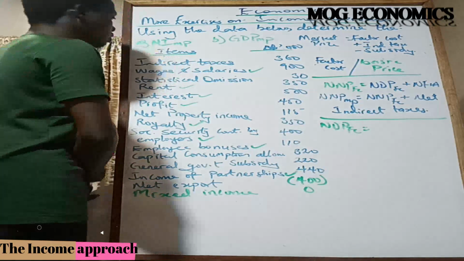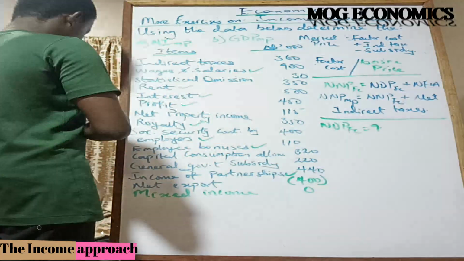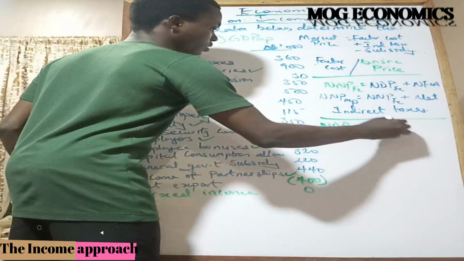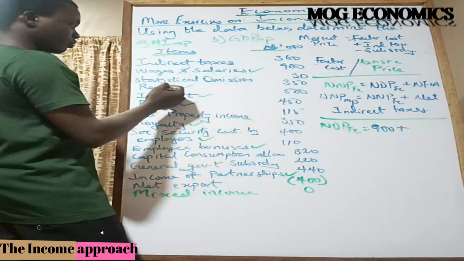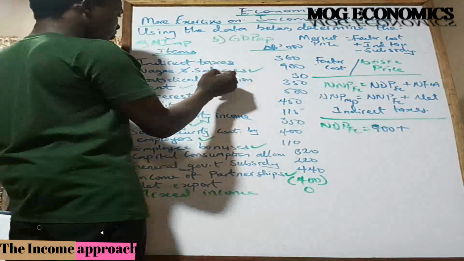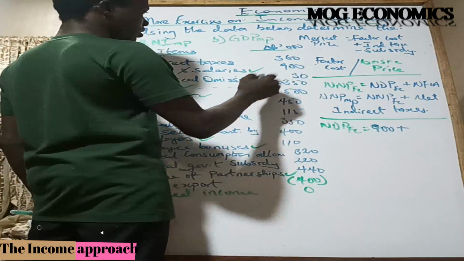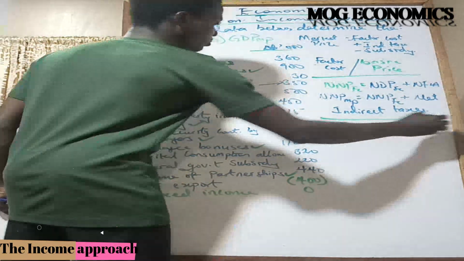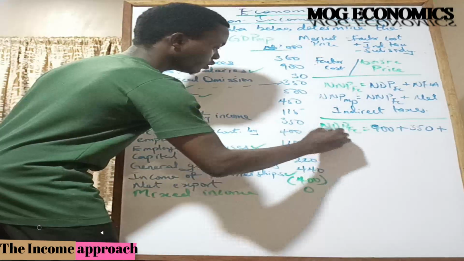I've told you. So wages and salaries, you have 900. Remember that it's thousands of naira. 900 plus rent, which is 350, plus 350, plus 350, plus interest, which is 500, plus 500.